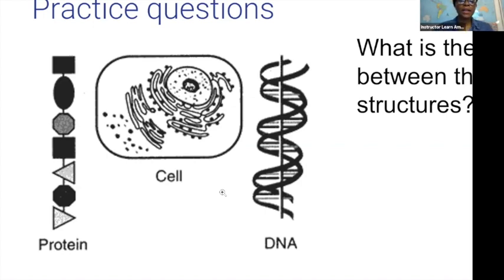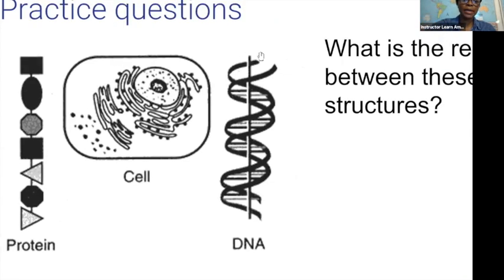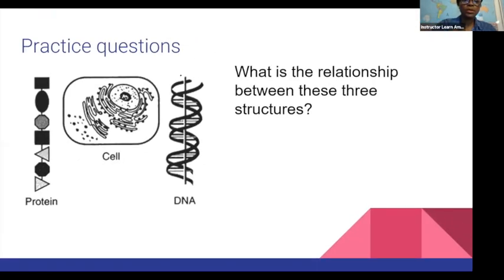You should be able to tell the DNA is found inside the nucleus. The DNA sends the message to the ribosome, and that message would be to make proteins. Proteins are made in that ribosome. All right, that's the connection.